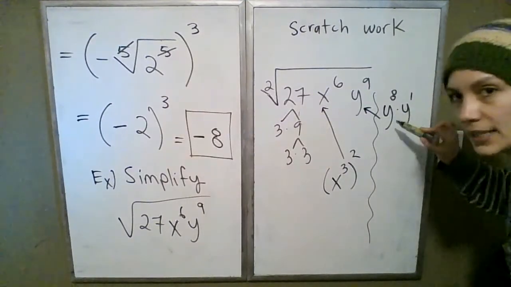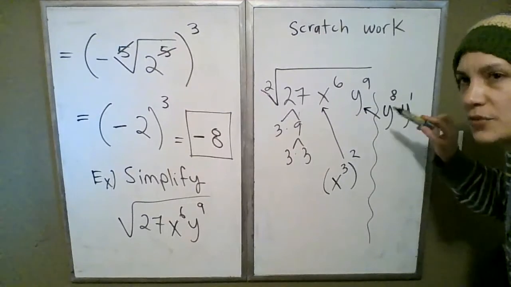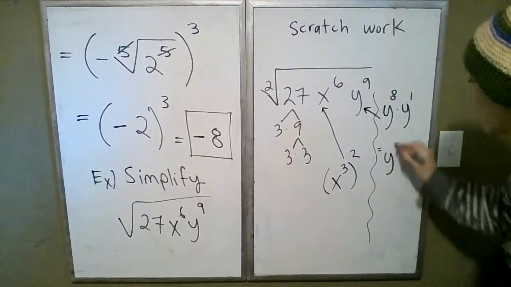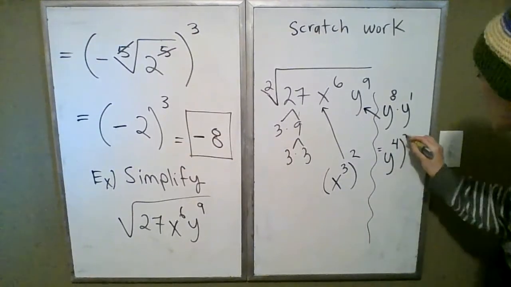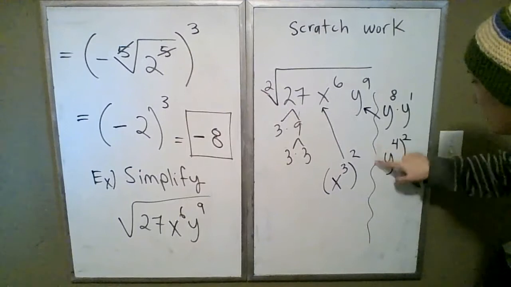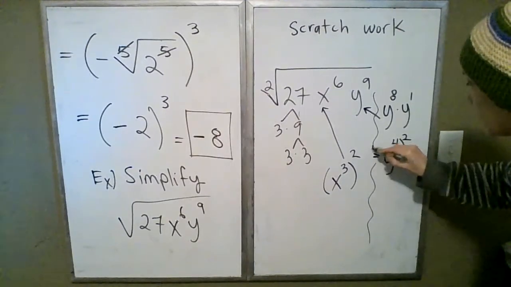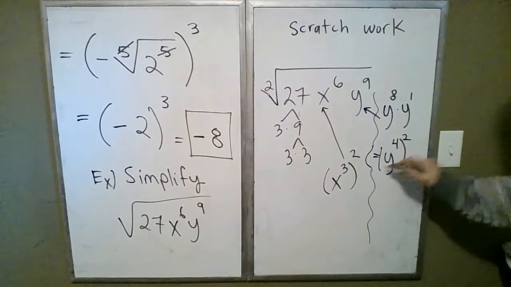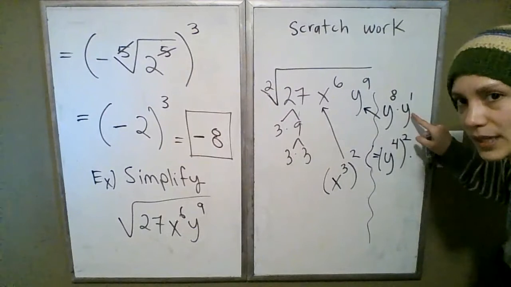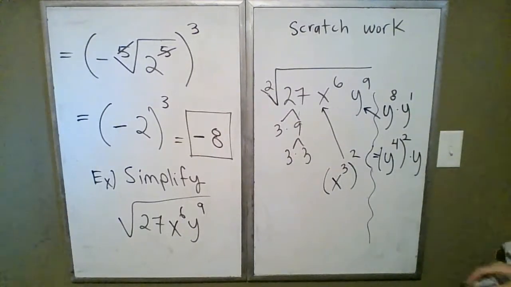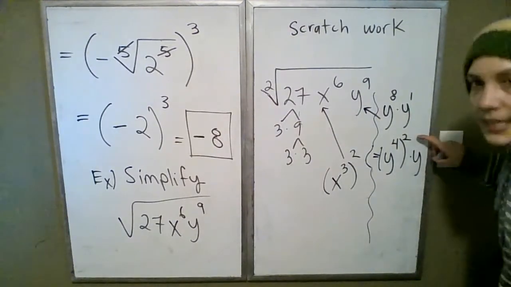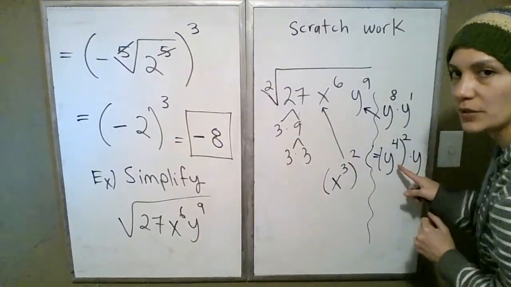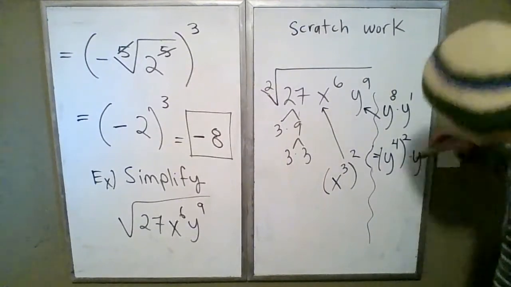Okay, then I can take the y to the 8th and write it as y to the 4th squared, and multiplied by y. And I can have this 2 match that 2, and I'll get y to the 4th out from under the root, but this y needs to stay.